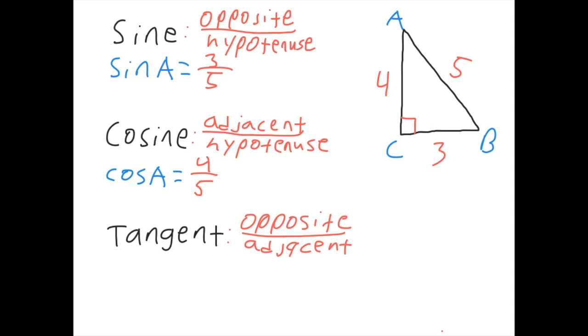And as an example, the tangent of A, abbreviated TAN, is equal to the opposite side. So from A, the opposite side is 3 over the adjacent side, 4.